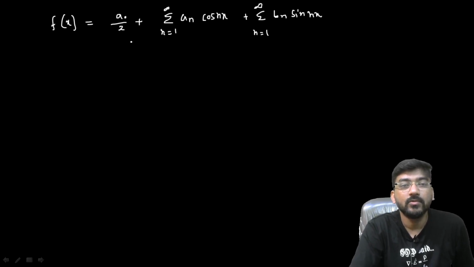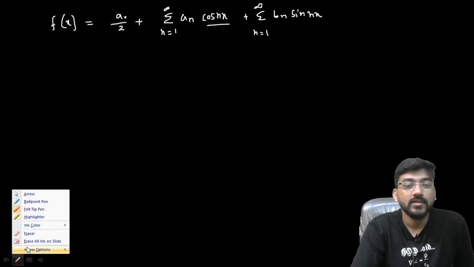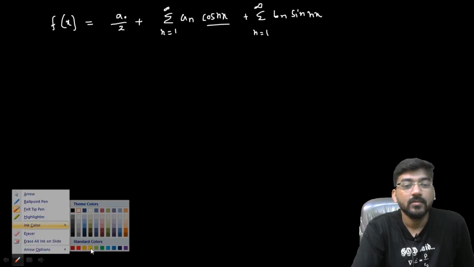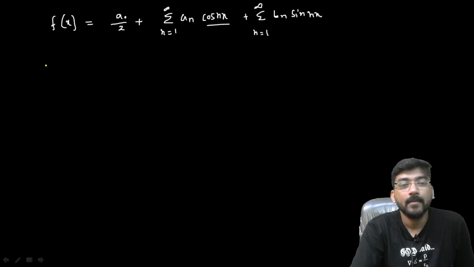Now what you have to do, you have to multiply both sides by cos nx. Okay, let me first multiply with cos nx. If you multiply both sides with cos nx, what you will get?